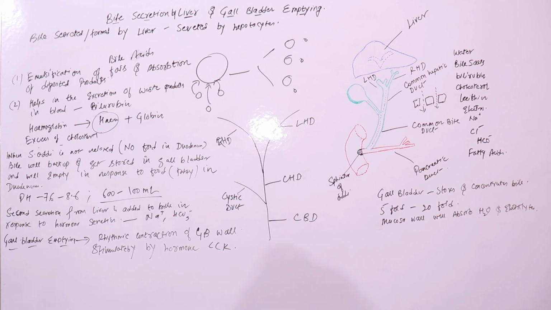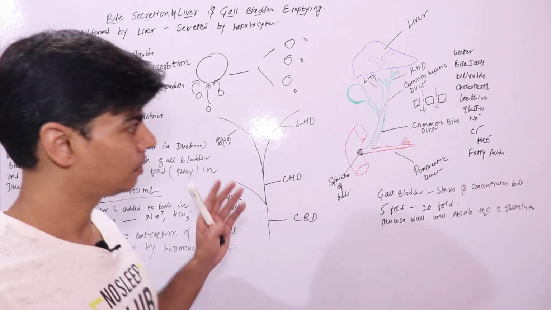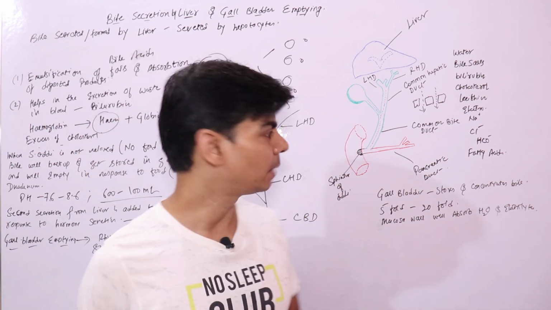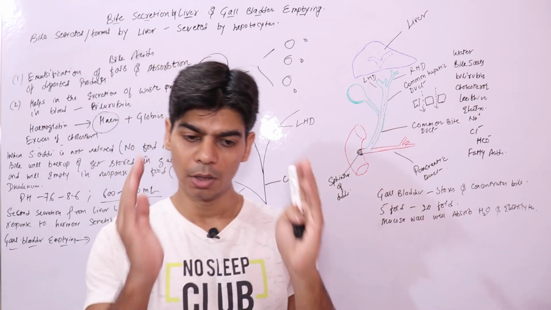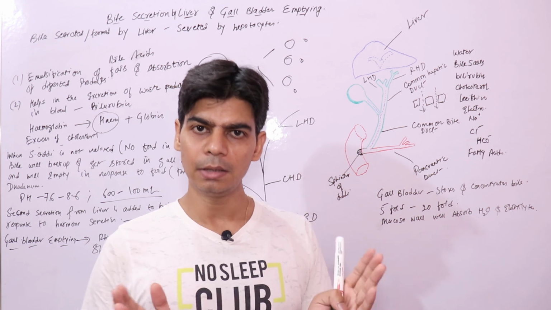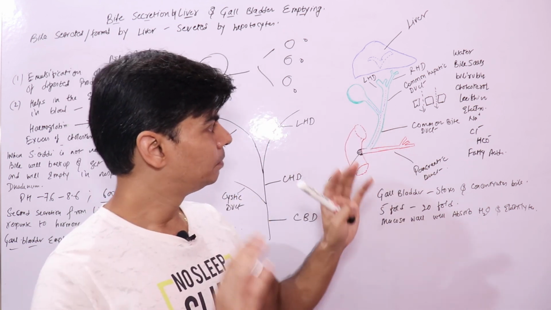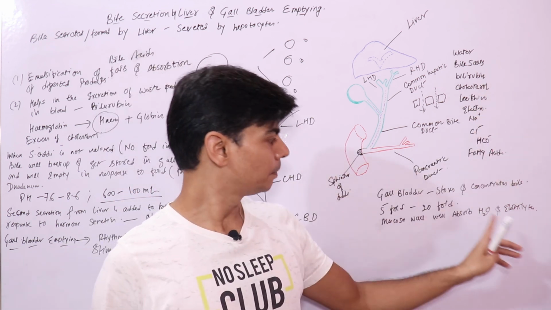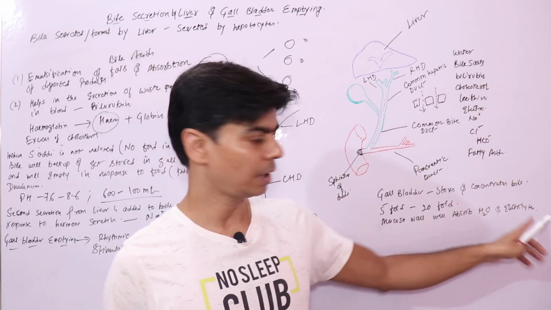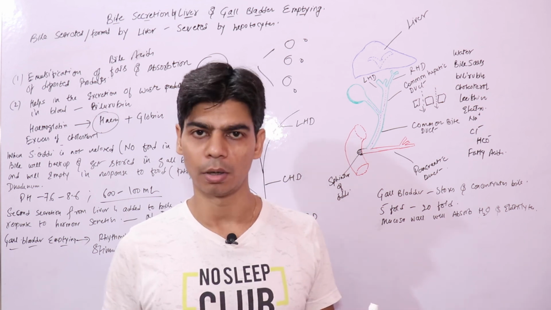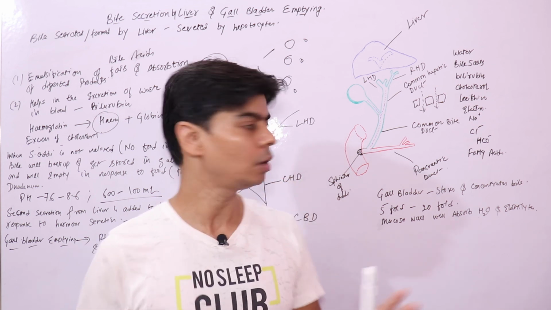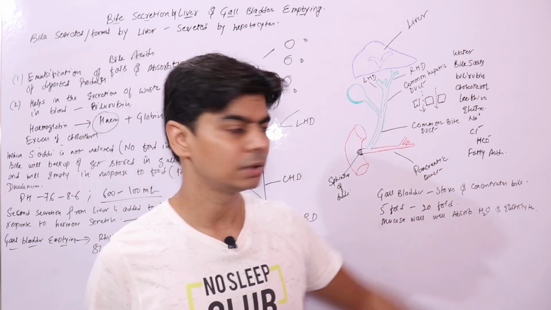Then we also discussed the concentration of bile in your gallbladder. When the gallbladder stores bile, it concentrates bile by absorption of water and electrolytes by its wall. So the mucosa wall of the gallbladder will start absorbing these.